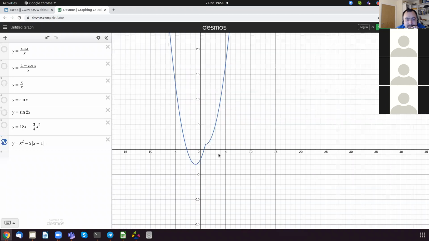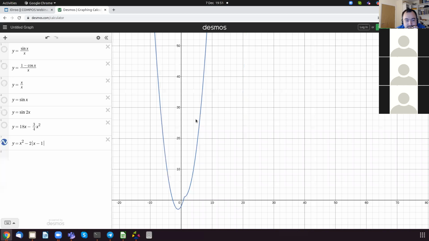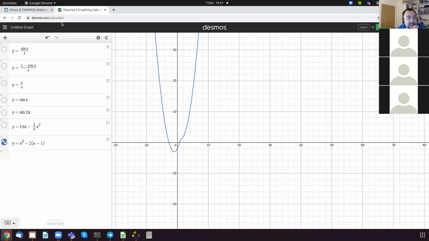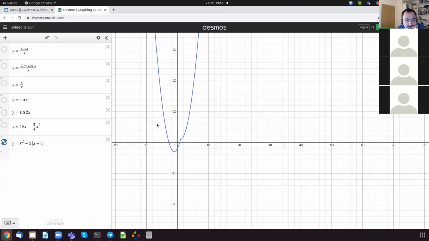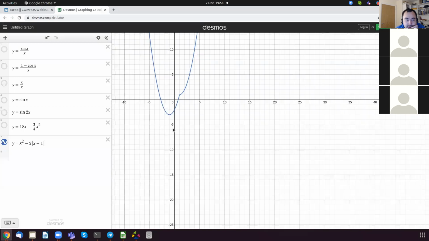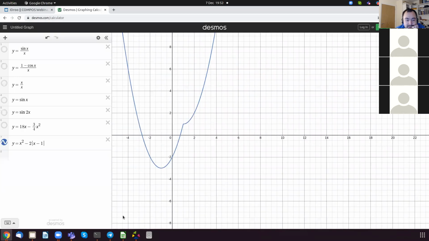Okay, so we need a line which is tangent to the curve in 2 distinct points. Well, I think there's only one option for this. So the line has to go something like this. You kind of see where it goes.